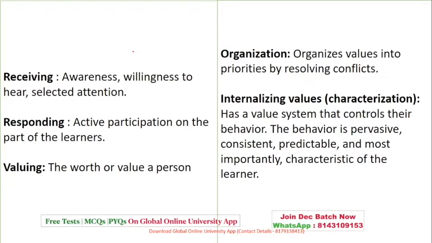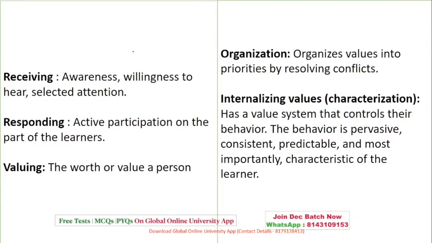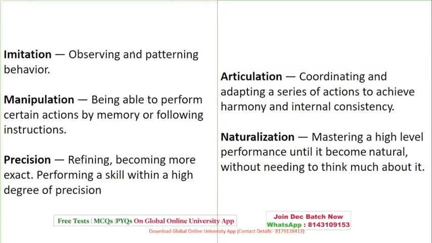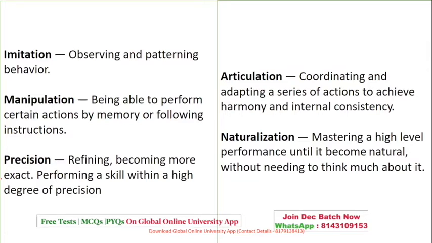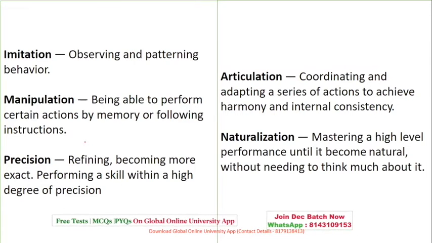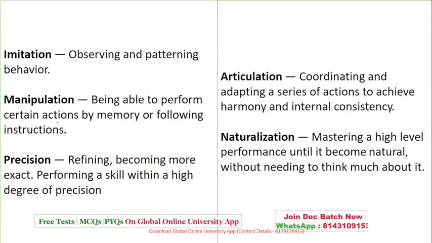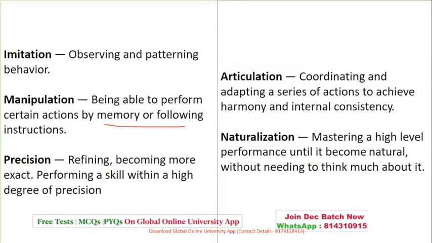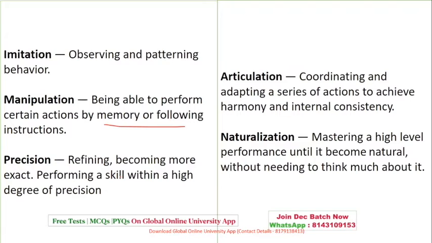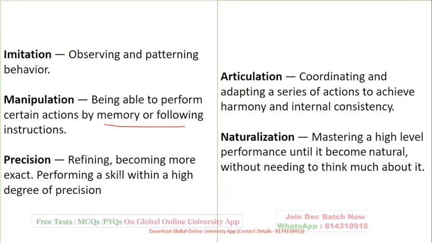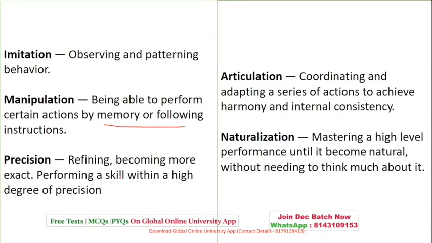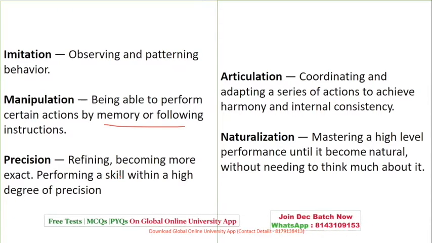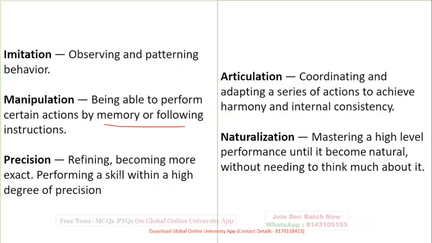All this comes as a part of characterization, that is affective domain. Then the last one is the psychomotor domain, which starts with imitation, that is observing; manipulation, which is about performing certain actions; precision, that is refining, making it more and more exact or efficient; articulation, which talks about coordination or adapting a certain series; and naturalization, which means mastering a high level of performance.